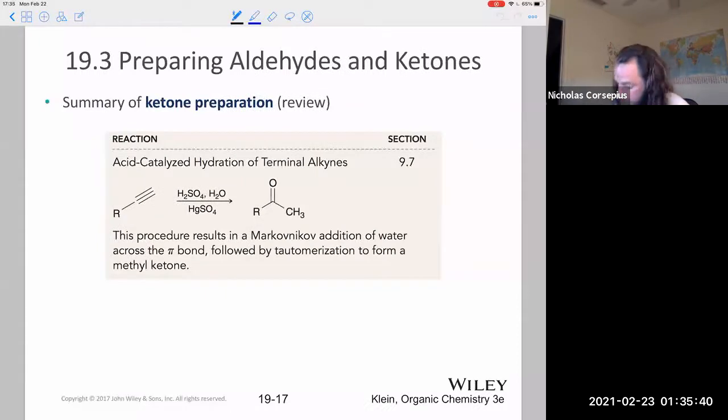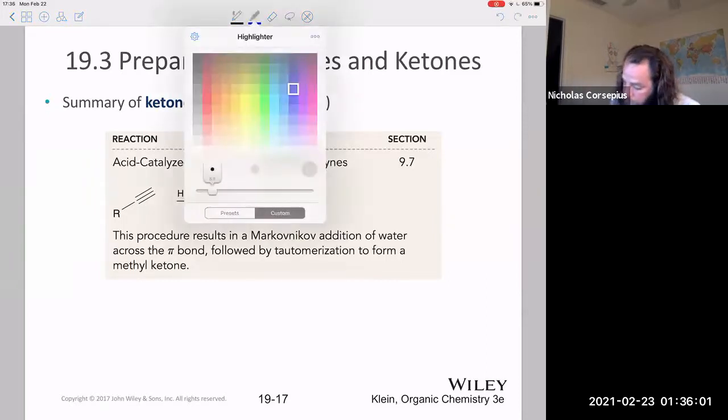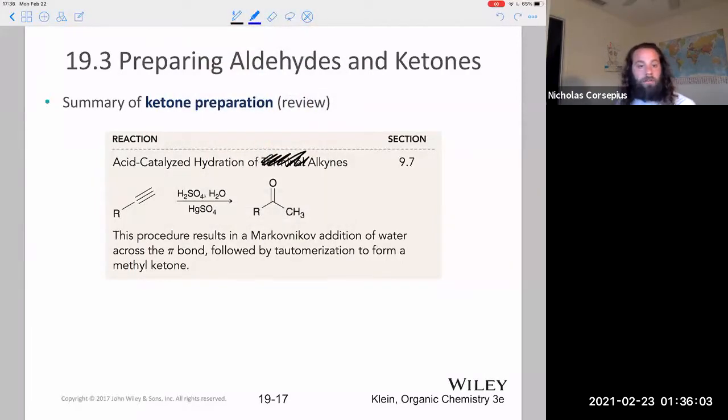And now, similar to what we saw before with the aldehydes, we can turn an alkyne into a ketone. It actually doesn't even have to be terminal. And this is using H2SO4, water, and this mercury sulfate compound. Remember, what this is going to do is basically the counter of what the hydroboration does. It's going to add an OH group to the more highly substituted carbon.